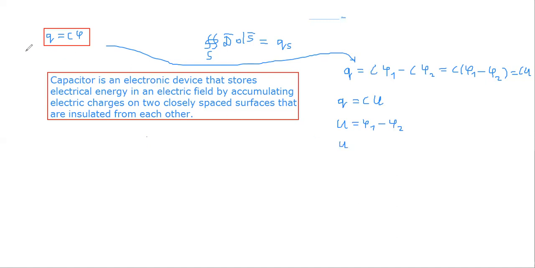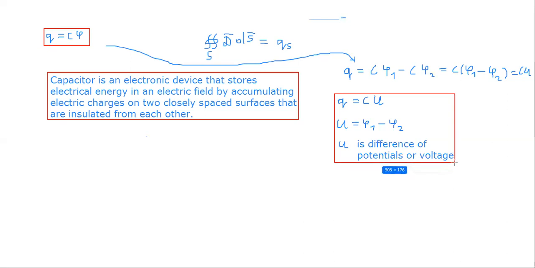U is the difference of potentials, or voltage.